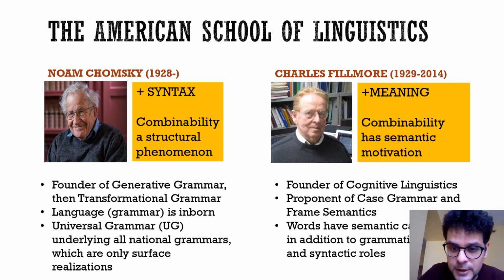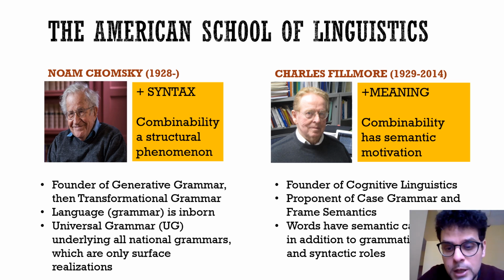He proposed case grammar and frame semantics, and we will see more of his theory later on during this presentation. But for the moment we can say that, apart from syntactic roles, the combinability of words depends on their semantic roles. For instance, roles such as patient, agent, or instrument tend to have specific syntactic realizations.